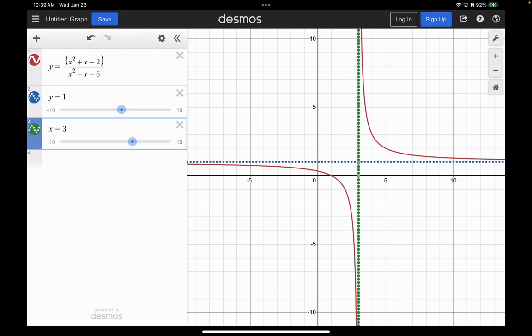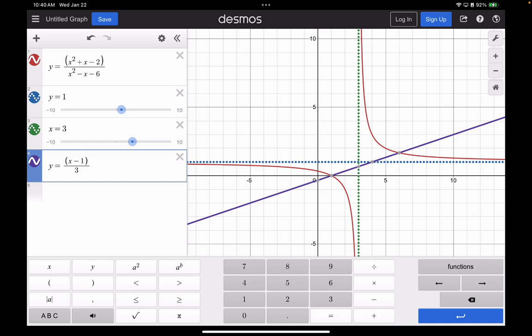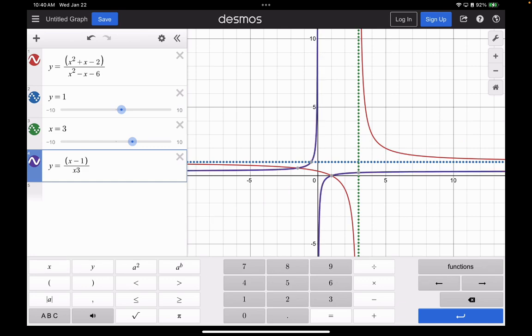Okay. And what's the simplified version? What was our factored version? 1 over x minus 3. Tell me what the denominator is supposed to be. x minus 3.